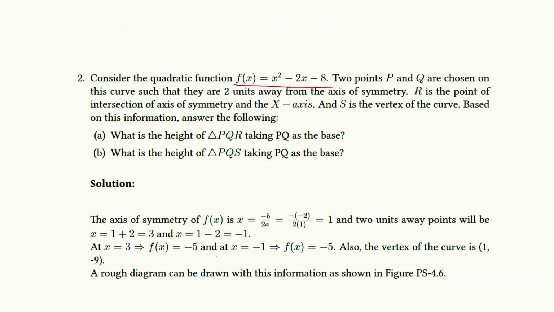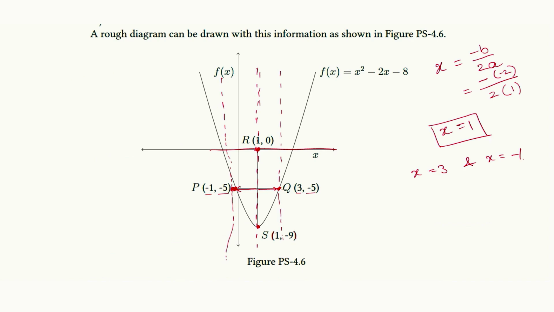So part A, we have asked this: what is the height of triangle PQR taking PQ as the base? See, this is the triangle PQR. And observe that PQ is parallel to the x-axis.